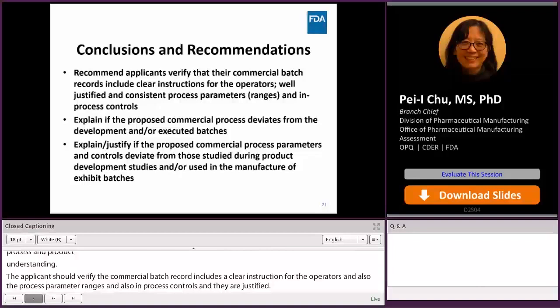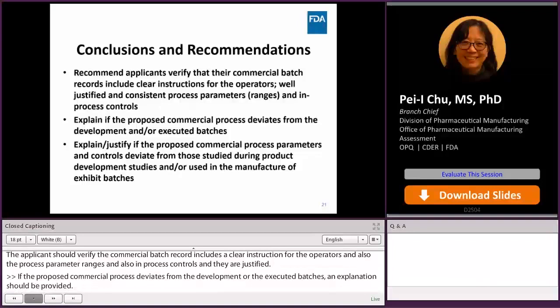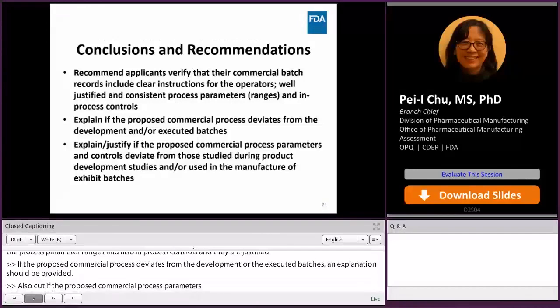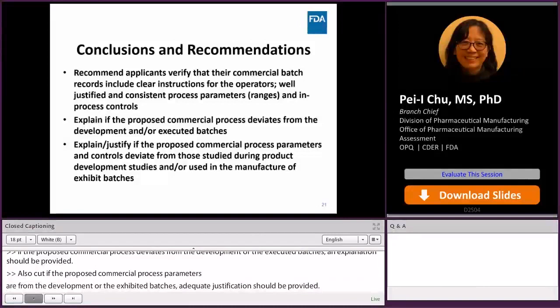If the proposed commercial process deviates from the development or the executed batches, an explanation should be provided. Also, if the proposed commercial process parameters and controls deviate from the development or the executed batches, adequate justification should be provided.